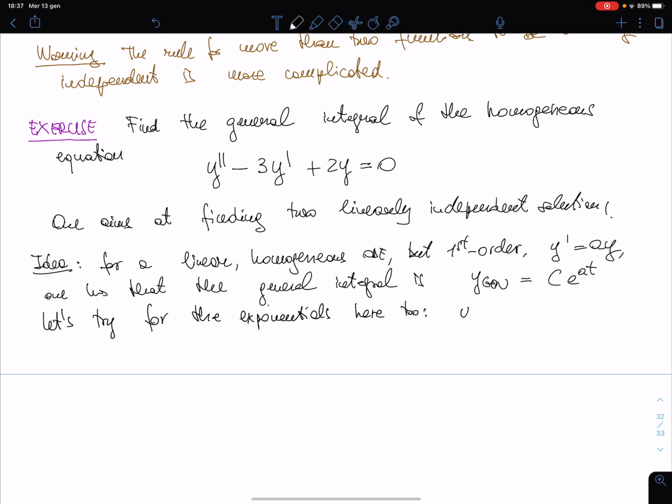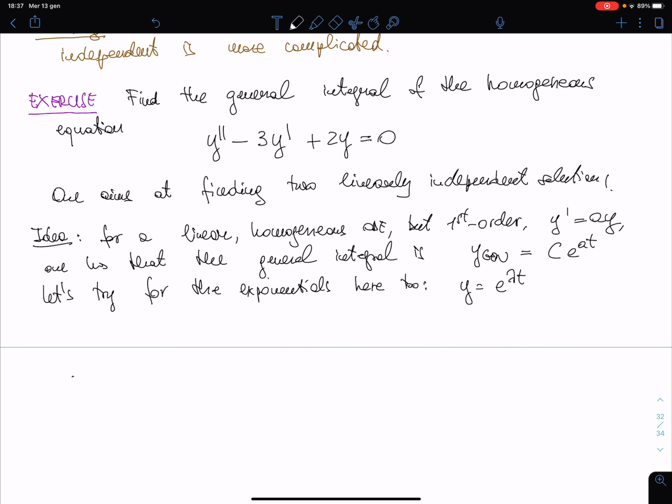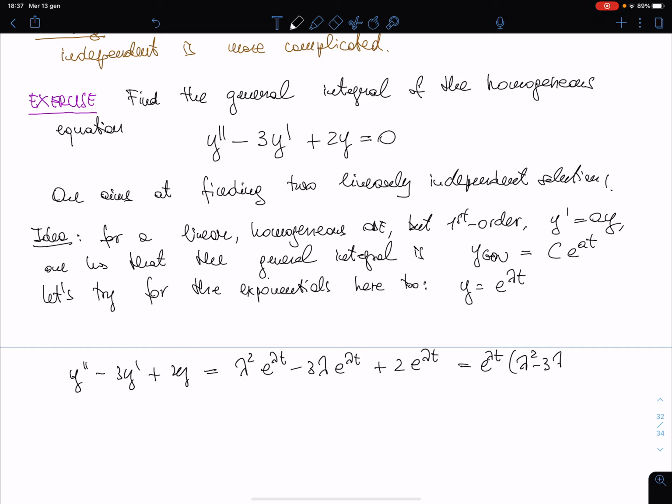So consider y equal to e to the lambda t, and so you have y second minus 3y prime plus 2y. When you differentiate two times e to the lambda t, you end up with lambda squared e to the lambda t minus 3 lambda e to the lambda t plus 2 e to the lambda t, equal to e to the lambda t times lambda squared minus 3 lambda plus 2, equal to 0.